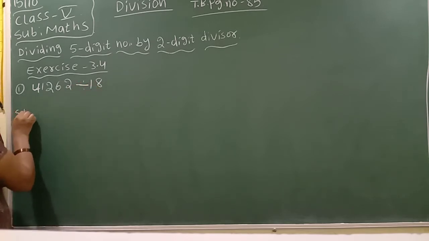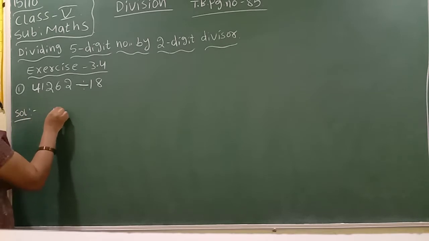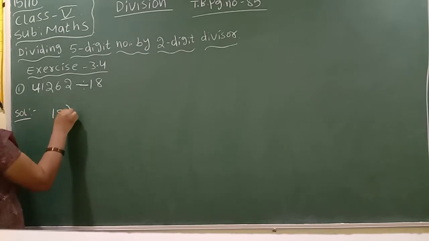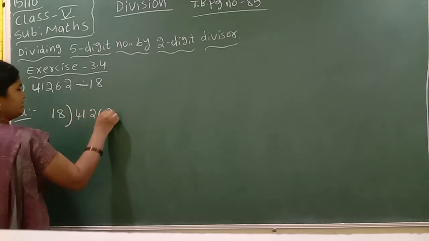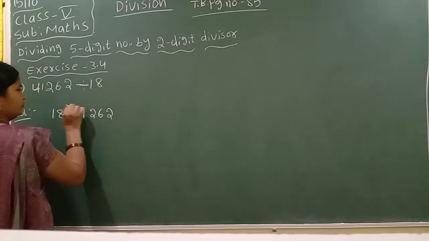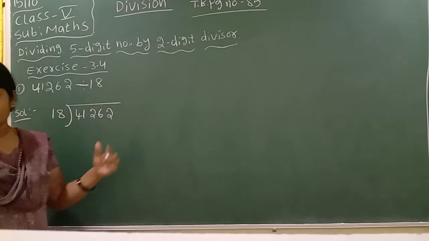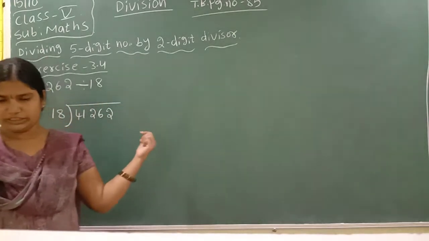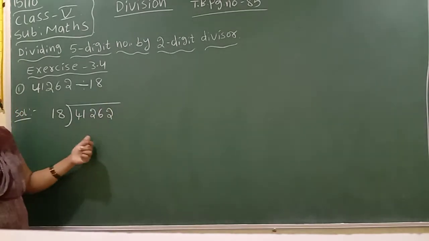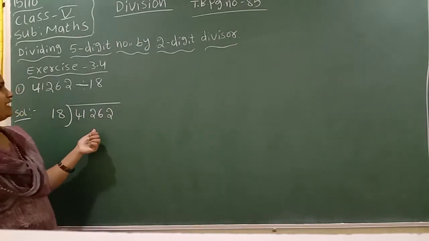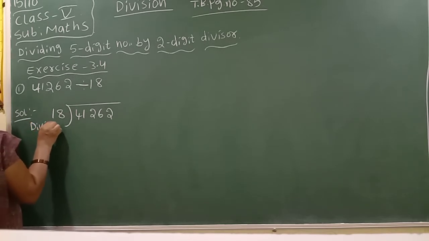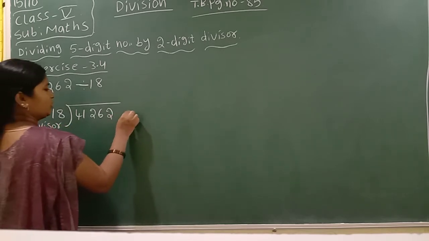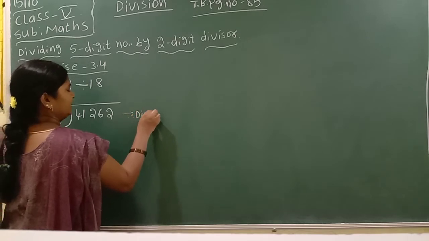First of all, you have to arrange the numbers: 18, and this given number 41,262. You have to write the quotient up top, and this is called the divisor, and this is called the dividend.